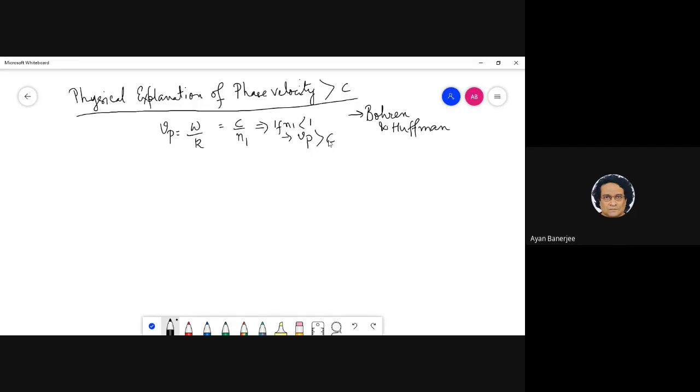Here we will assume something, so I will request you to believe one expression I will write. However, the derivation is done in this book. Just the scattering part, the expression for scattering, we will assume.